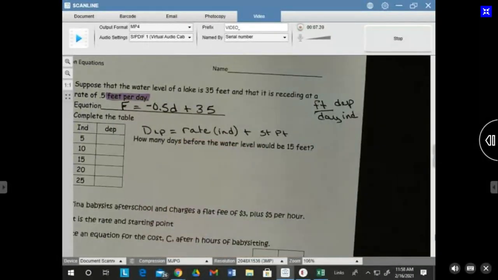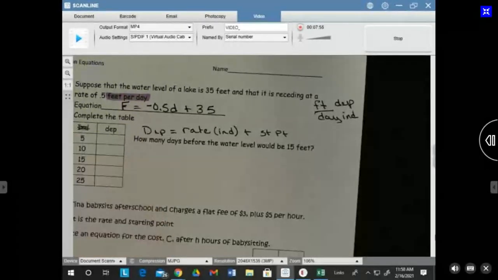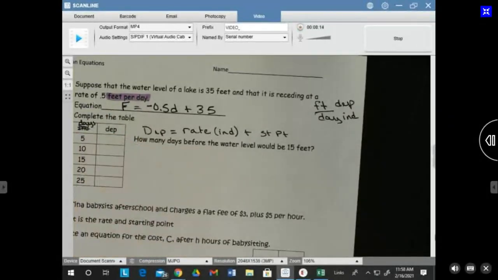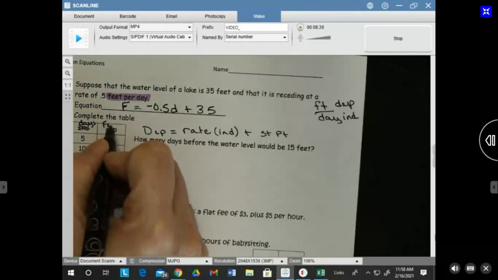Remember, look for that per. You see that word per, it gives you a lot of the answers you're looking for. Feet per day. Okay, so now I have independent. Remember, my independent was my days, and my dependent is my feet.